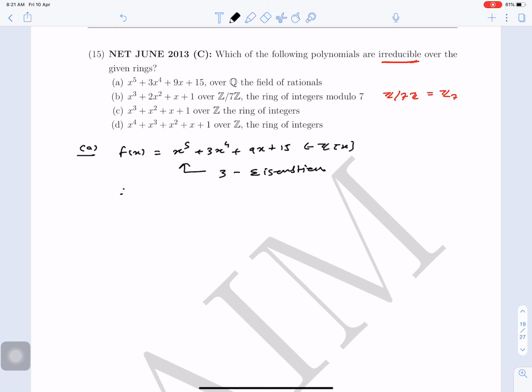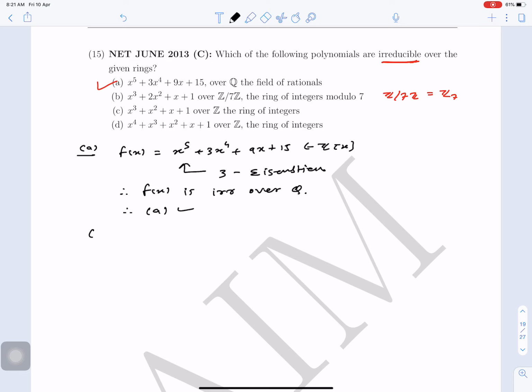So therefore f(x) is irreducible over Q. So therefore option A is correct.